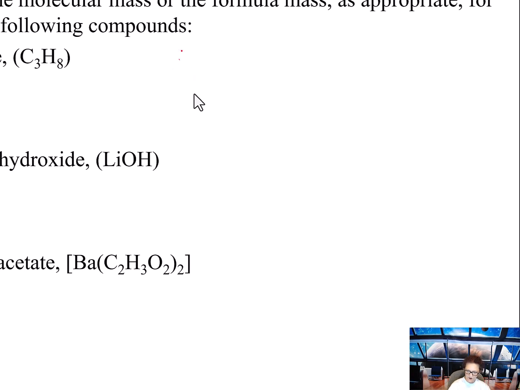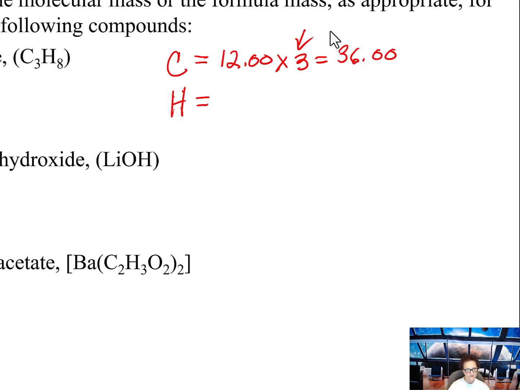Propane has carbon in it and hydrogen. I just take inventory of these things. I know that carbon is 12.00 times 3, because I have 3 of those, which is 36.00, because that has an infinite number of significant figures, since it's counting how many you have.